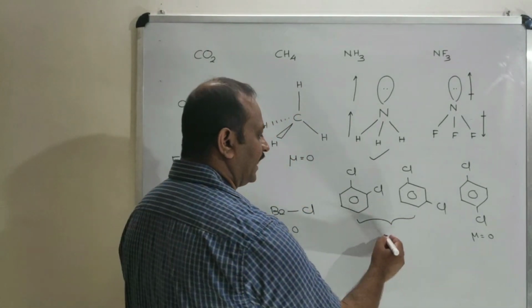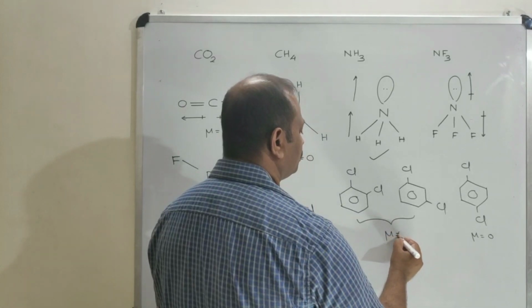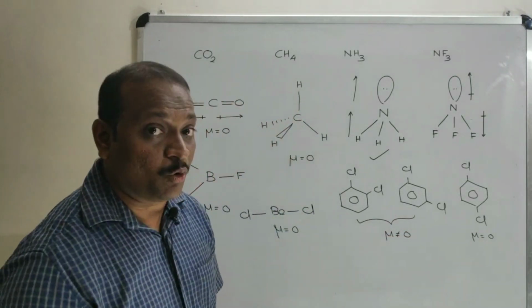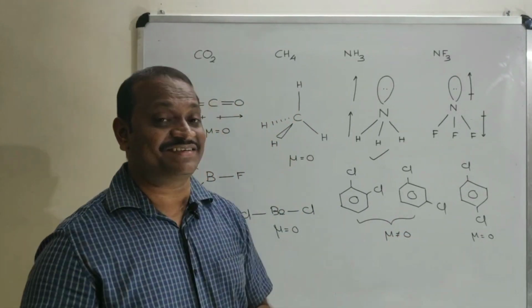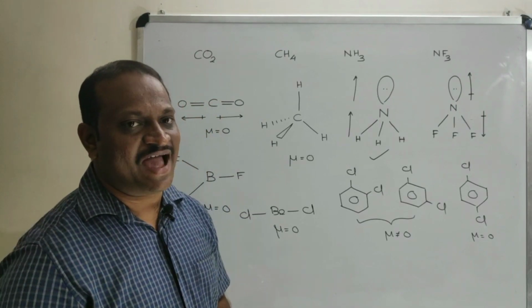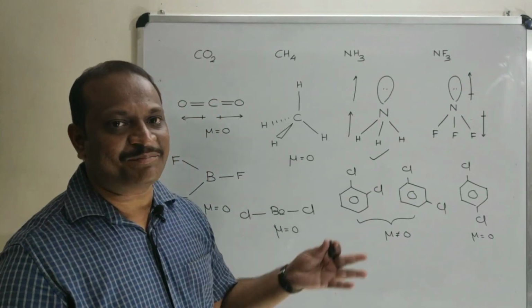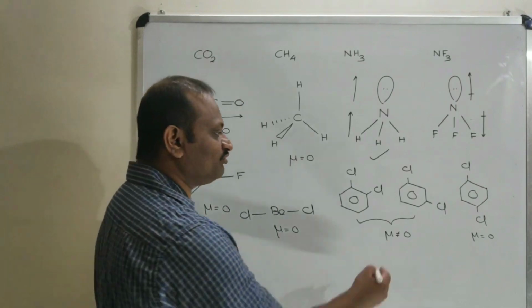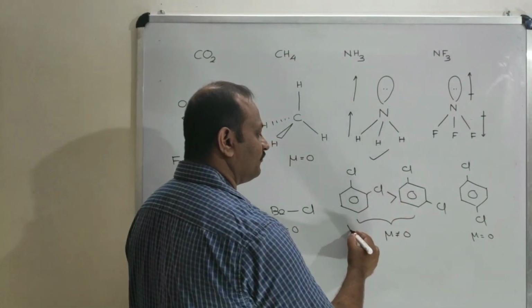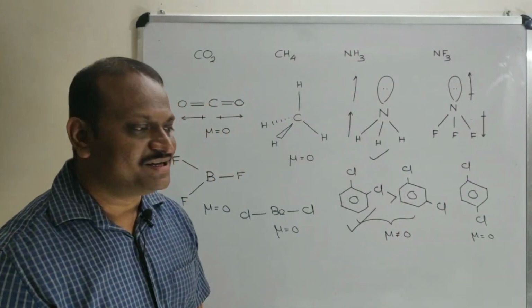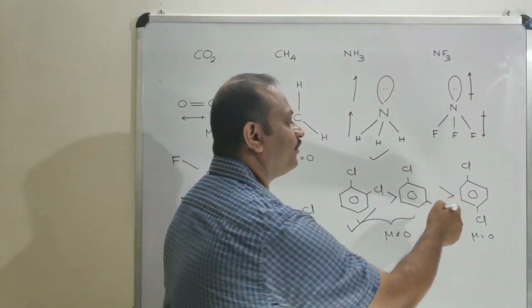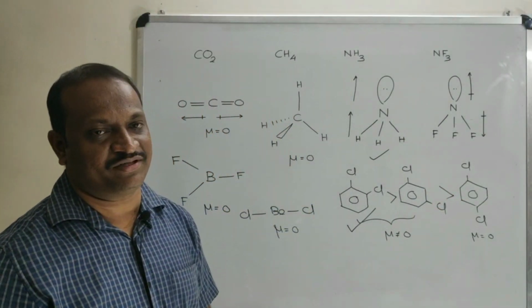Now among these, which one has the highest dipole moment? If the angle decreases, dipole moment increases. So the first one has the highest dipole moment, then the second one, and the last is 1,4 dichlorobenzene.